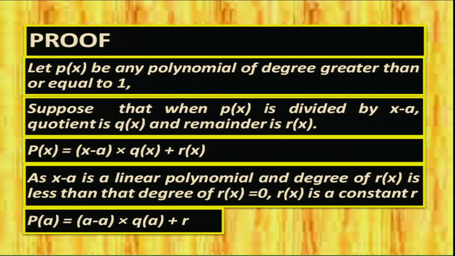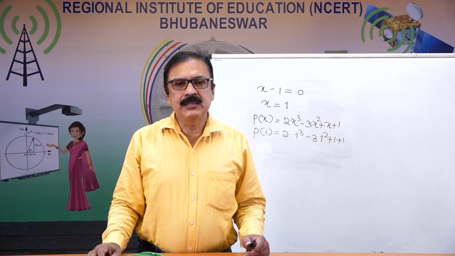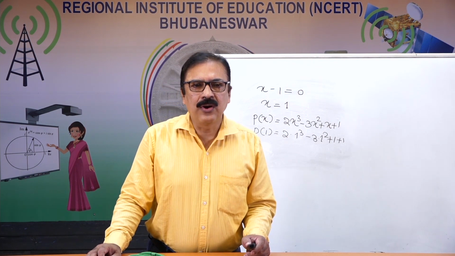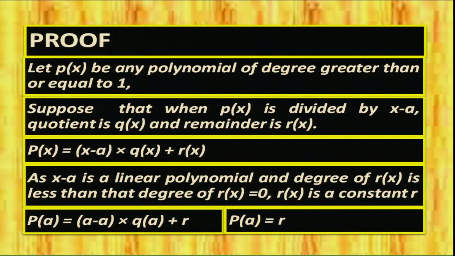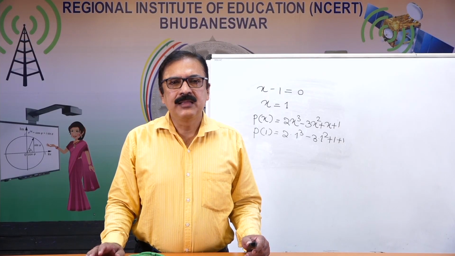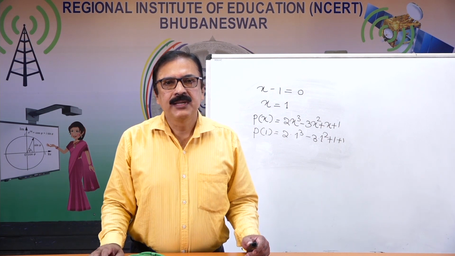We get Pa is equal to a minus a into qa plus r, that means in place of x we write a. Clearly it is visible that a minus a is 0. So Pa is equal to r. What is r? r is the remainder. So this proves that if r is the remainder, then Pa gives the remainder.